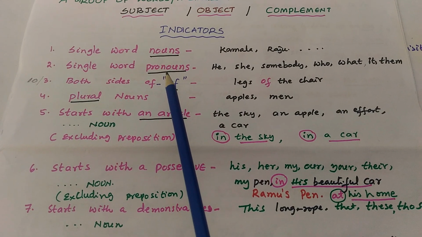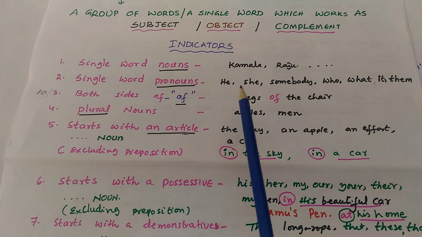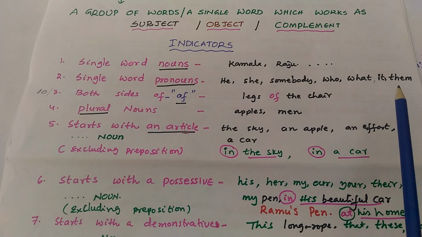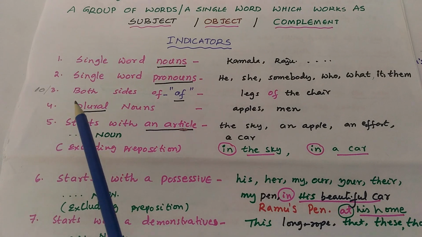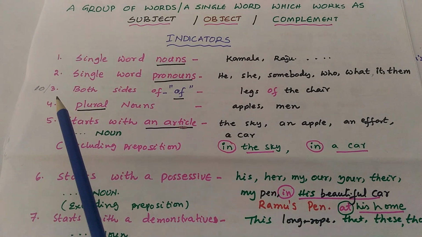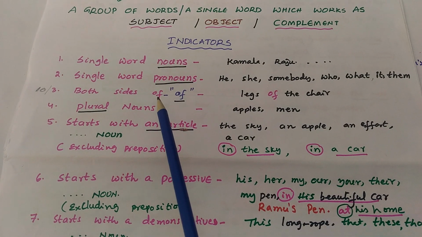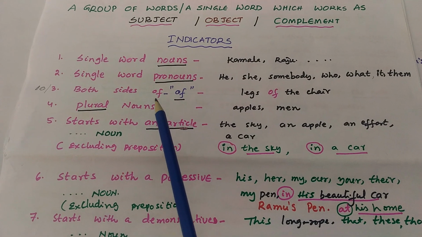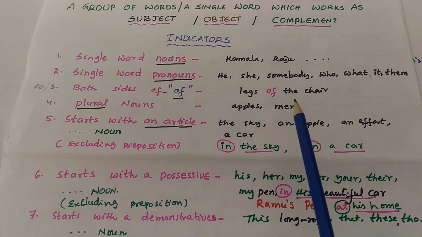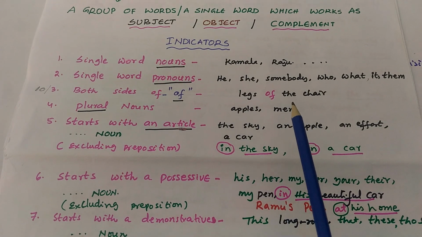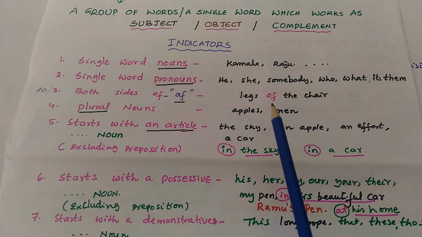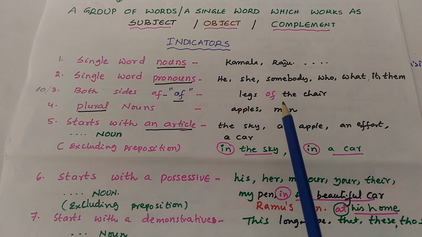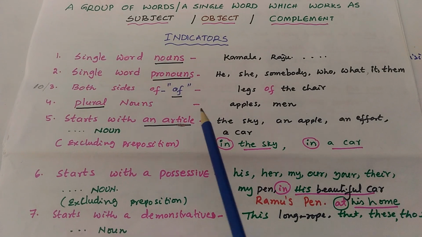So all pronouns are noun phrases: he, she, somebody, who, what, it, them, etc. And indicator number three, both sides of "of", if nouns are there, the entire phrase is called a noun phrase. Legs of the chair. This is a noun phrase. So both sides of "of" we have the nouns, then it is called a noun phrase.